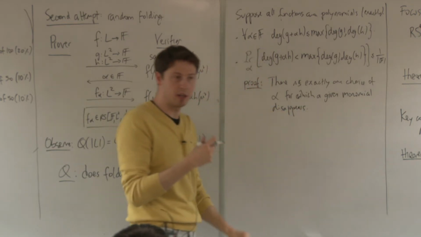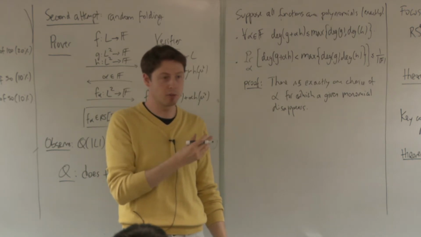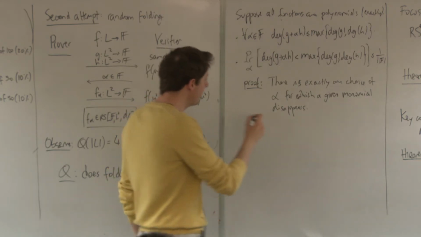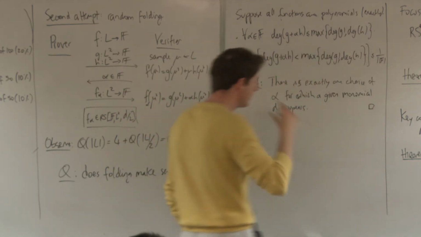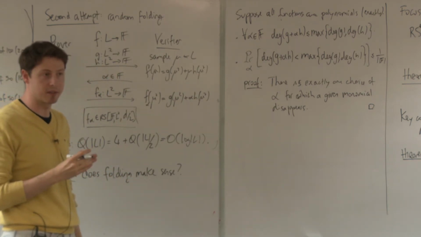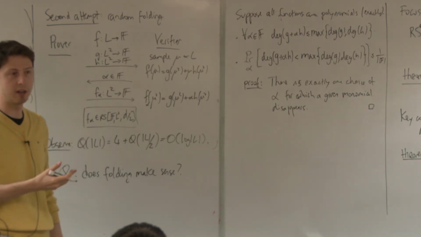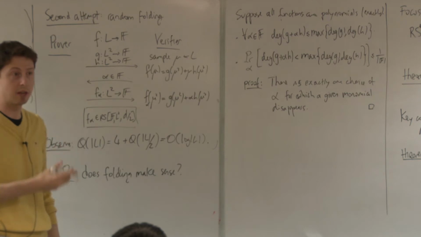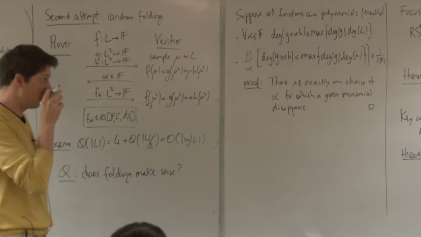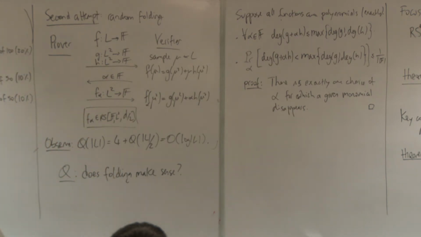In particular, if you think about the monomial that is responsible for the maximum degree, this monomial will stick around with probability at least 1 minus 1 over F. So this is basically telling me that, at least without errors, in this exact polynomial fantasy world, random folding makes sense. Yes, I'm paying for some soundness error, but it's 1 over F. And over log L rounds, that's not much, right? That's log L over F. So that's fine, well, in the fantasy world. So now let's see whether this problem even went away. Okay.